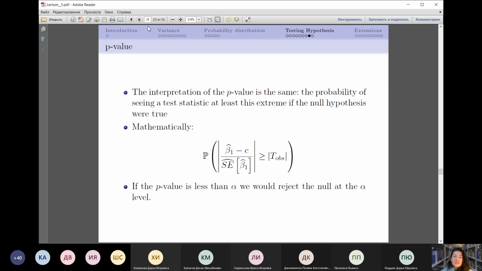And for this purpose, we use the p-value, as usual in testing hypotheses. The p-value here is some probability value, some number, of seeing a test statistic at least this extreme if the null hypothesis were true. So in other words, the p-value can tell us how likely it is that your data would have occurred by random chance.